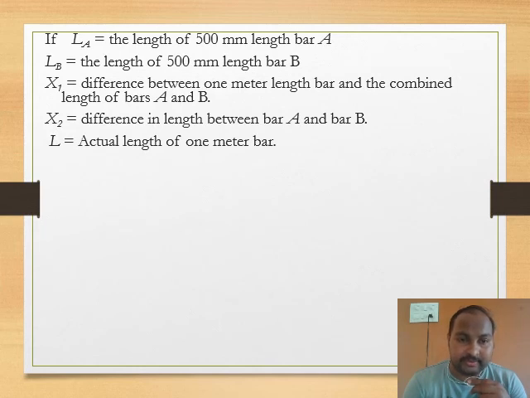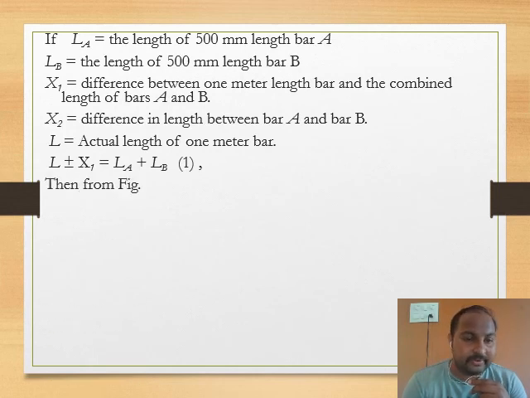So when I take L as the actual length of 1 meter, then I can say that L plus or minus x1 is equal to LA plus LB, which I call equation number 1. Then from the figure I can also say that LB is equal to LA plus or minus x2. In the previous figure it is LA plus x2.